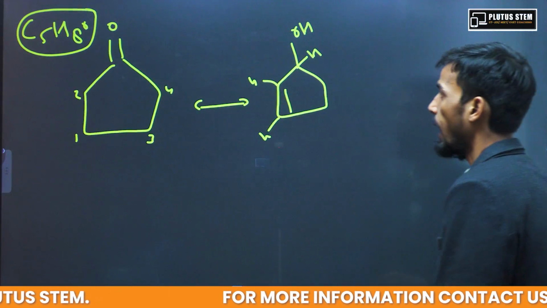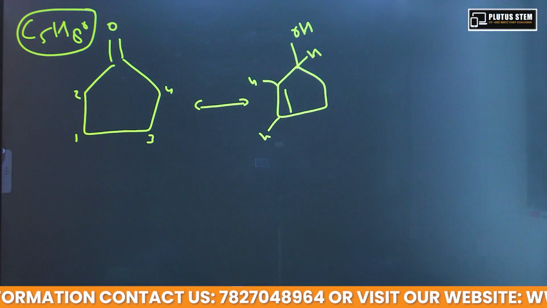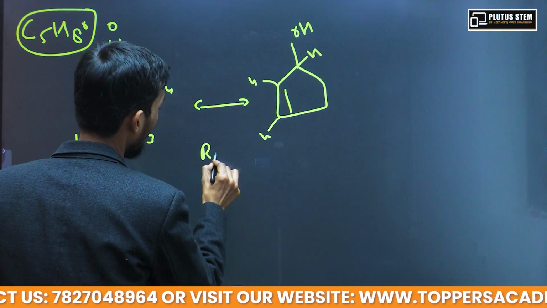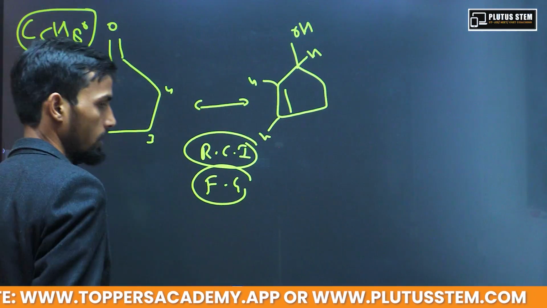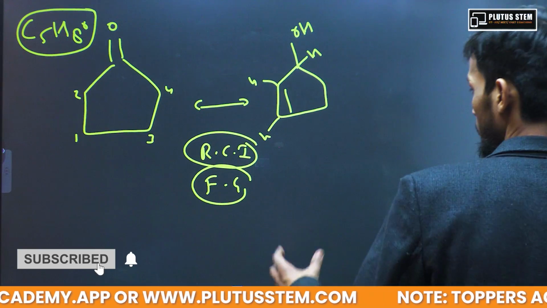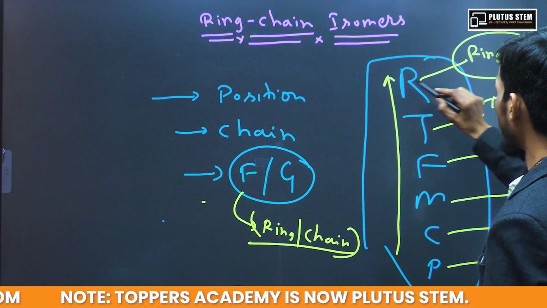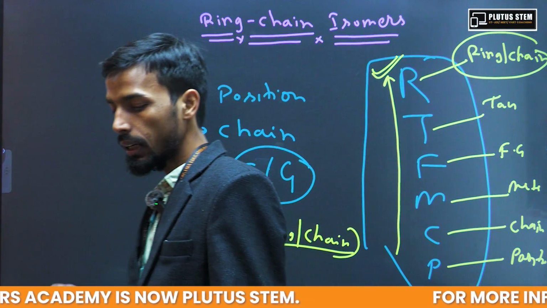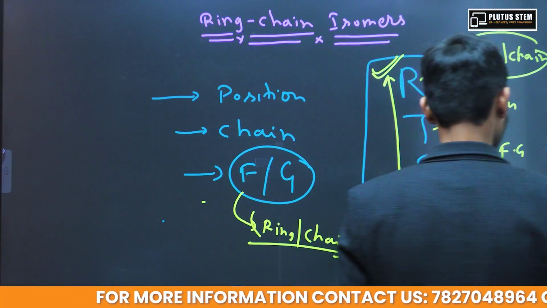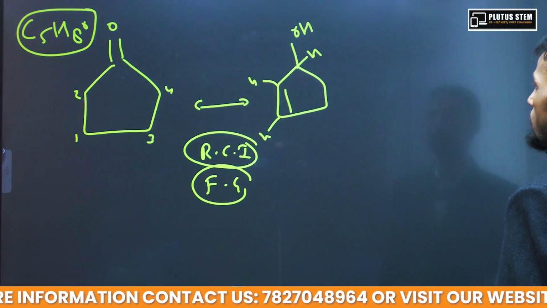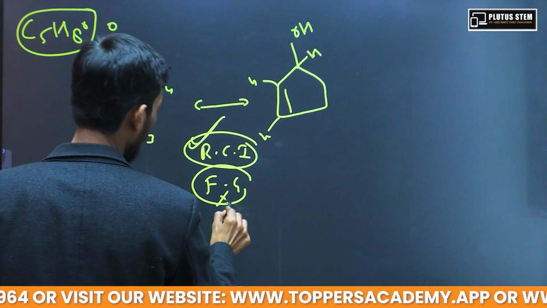So these two are ring chain isomers, or you might call them functional group isomers. The problem arises over here. I have told you the priority level: ring chain has a higher priority compared to functional group isomers. So they will be termed ring chain isomers, not functional group isomers.